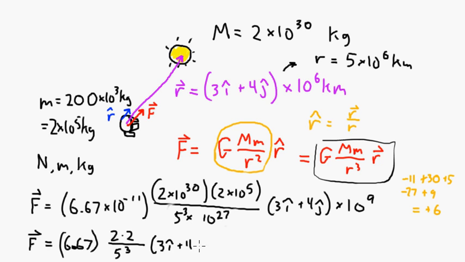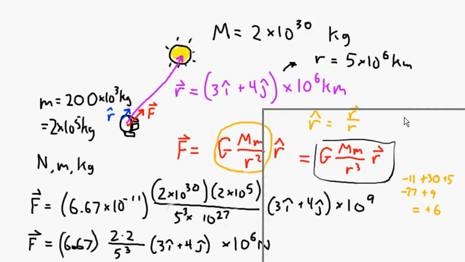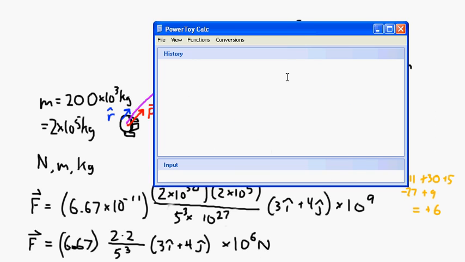Okay, so just doing our little power calculator here. Let's see, so for the x component, we're going to have our 6.67 times 2 divided by 5 to the 3rd. Okay, and then for our x component, we'll multiply that by 3. And what we get is 6.4032 times 10 to the 5th newtons.